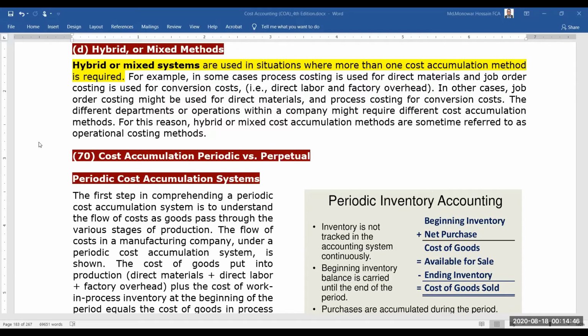And in other cases, job order costing must be used for direct material and process costing for conversion cost. Different departments or operations within a company might require different cost accumulation methods. For this reason, hybrid or mixed cost accumulation methods are sometimes referred to as operation costing. I think it's clear to you.